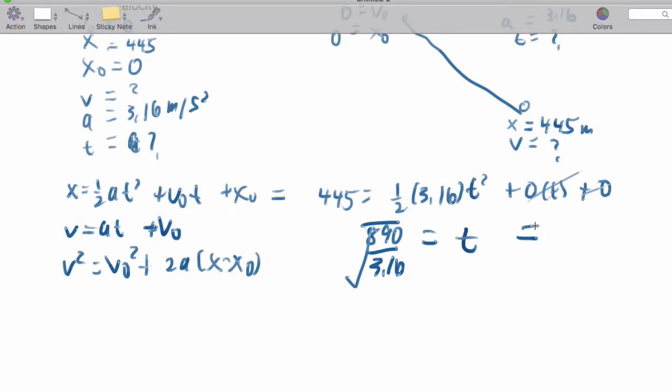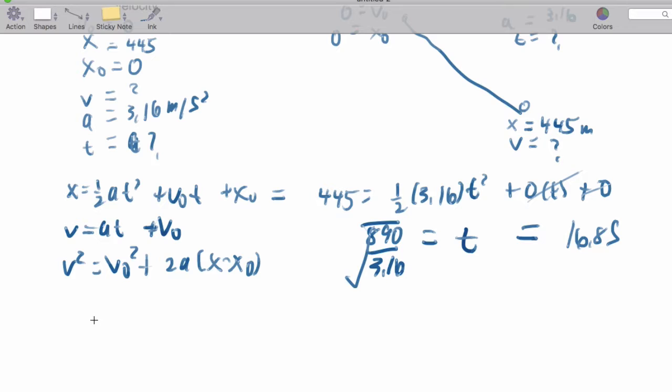So the time it takes to roll down the hill, it seems nothing too dramatic. We can just do that. And when we actually calculate this, it ends up being about 16.8 seconds. All right.